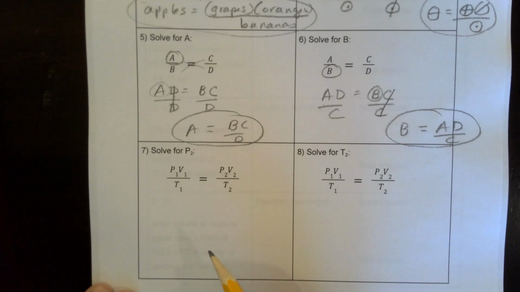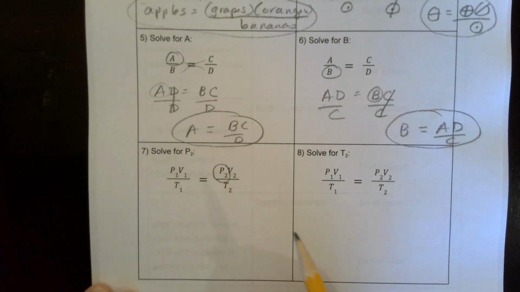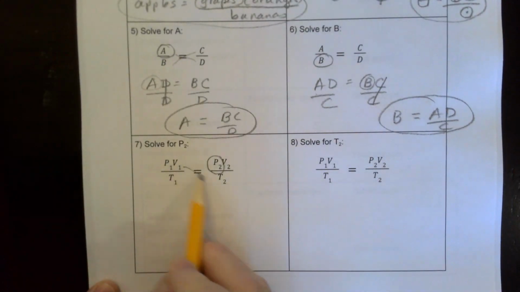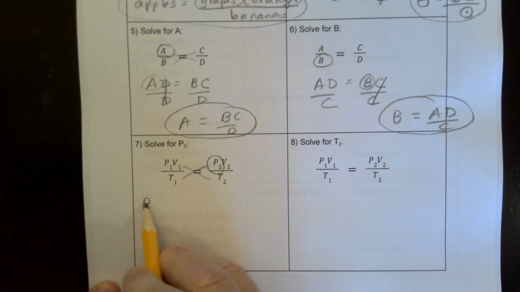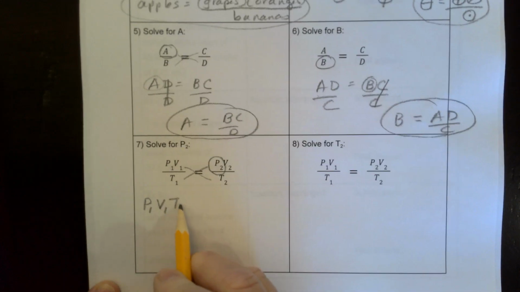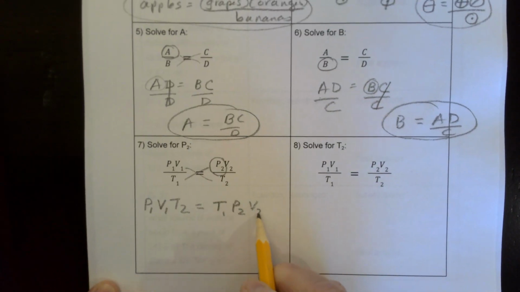And now we see an equation that's a little bit more complex. P1 V1 over T1 equals P2 V2 over T2. In this case, we're solving for P2, right? I'm still going to cross multiply. So cross multiplying, I'm going to start with P1 times V1 times T2 equals T1 times P2 times V2.